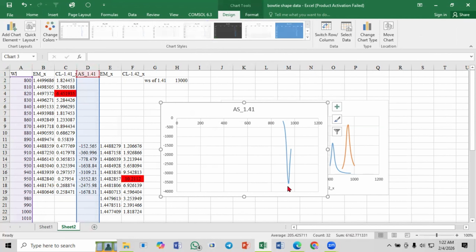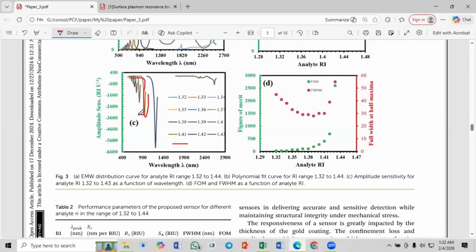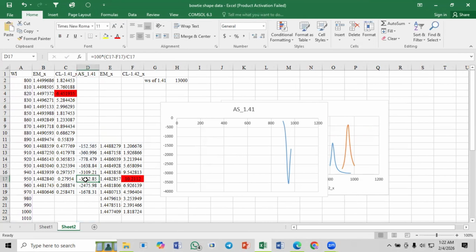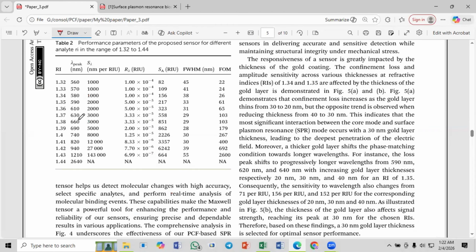So this is the curve of this sensitivity. Here you can see that the maximum sensitivity is more than 3500, and in the paper it is also more than 3500. So it's almost perfect as the paper, right? Here is the maximum amplitude sensitivity in the paper. We can check their maximum value.